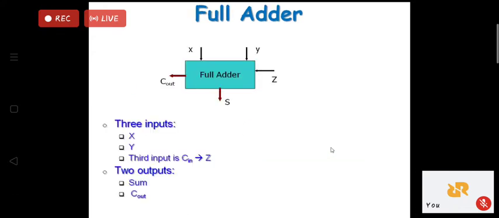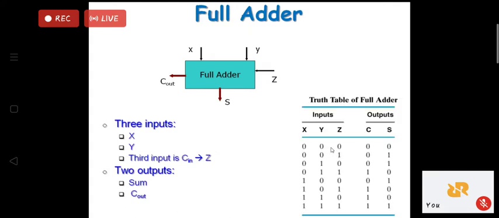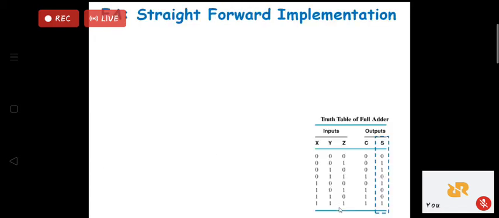Then we have discussed the full adder, where we have considered 3-bit addition. 3-bit addition means Z is the carry term. When both the inputs are 0 with carry 0, sum is 0, carry is 0. Similarly, this truth table we have discussed, and I told you about the sum of products.